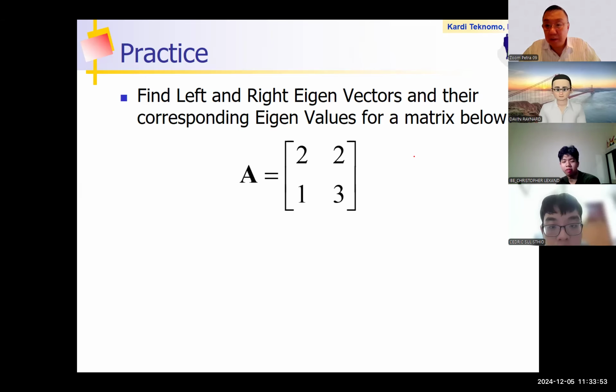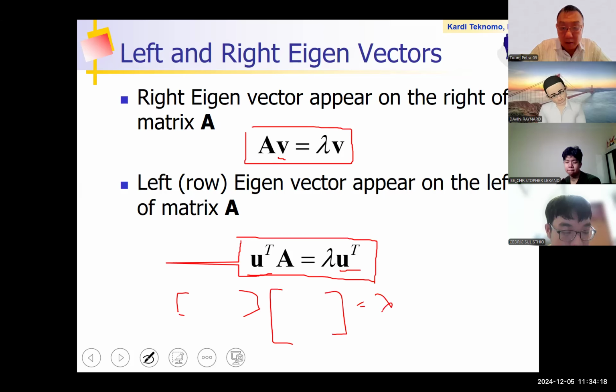Sorry, sir, the left and right, those two, like the 1 and the 6? This one is the right and this one is the left. What is U transpose? This is a row vector like this, multiplied by a matrix equal to lambda times a row vector.